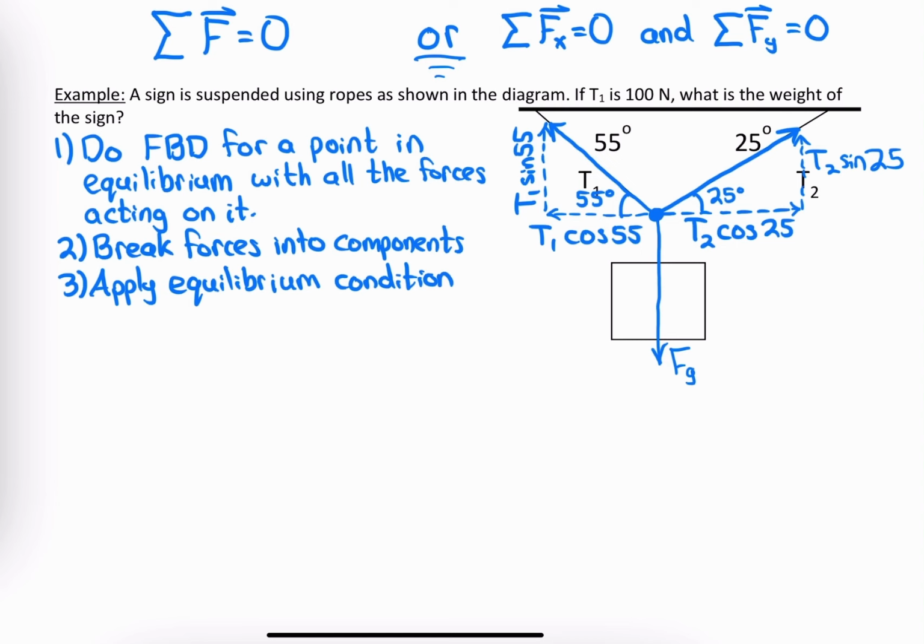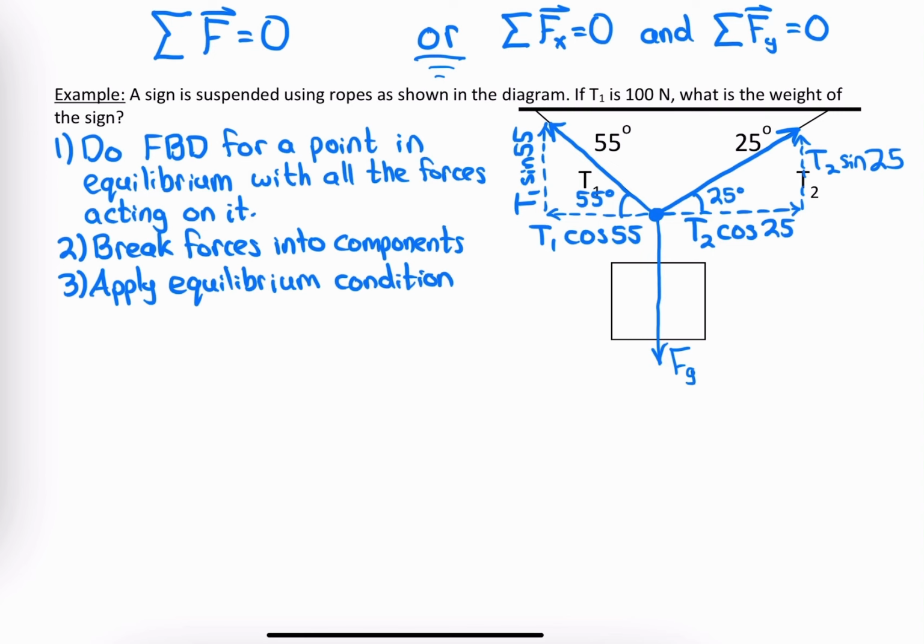Because we're using components, we're going to use these two, and we should probably pick one to start with. We could start with X, or we could start with Y. In general, it doesn't matter which one you start with.